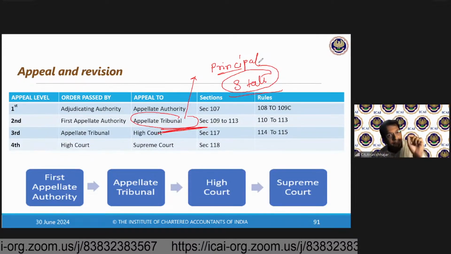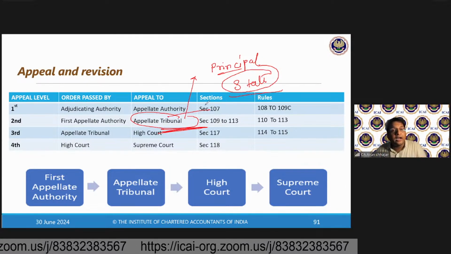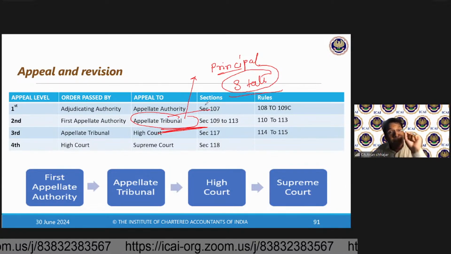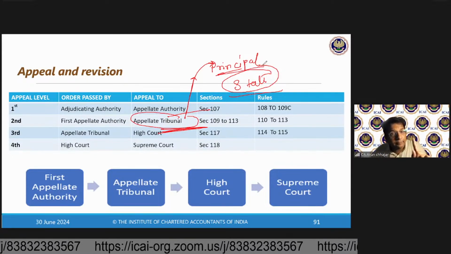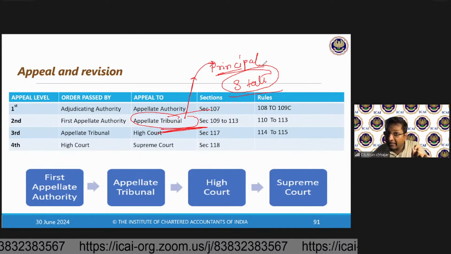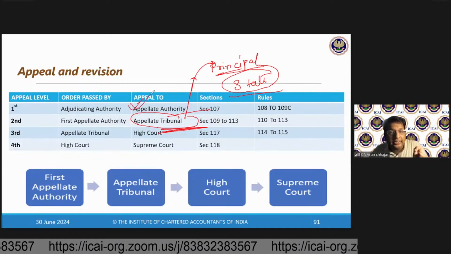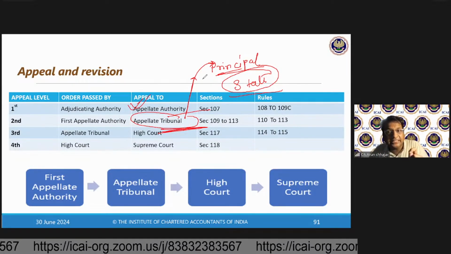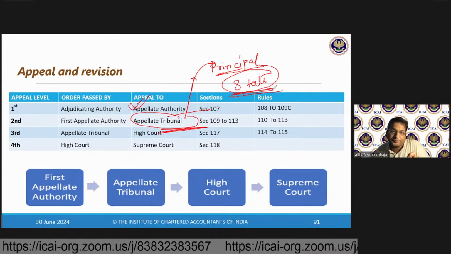I'm repeating once again. If the order passed by the appellate authority has a matter on the place of supply, then the appeal would lie with the principal bench of the appellate tribunal. And if the order of the appellate authority does not involve place of supply, then the appeal would lie with the state benches.